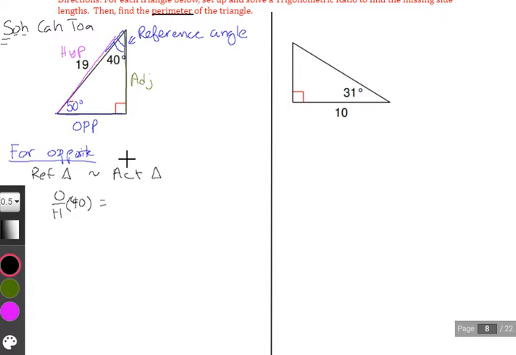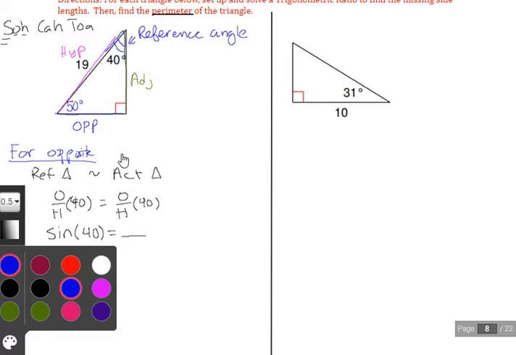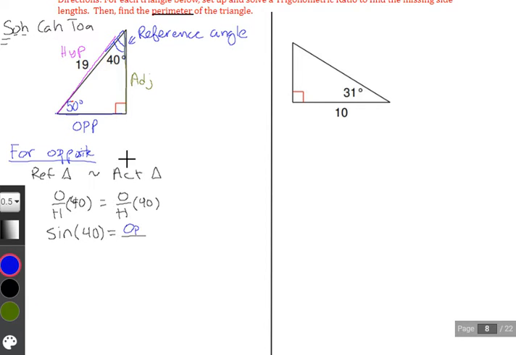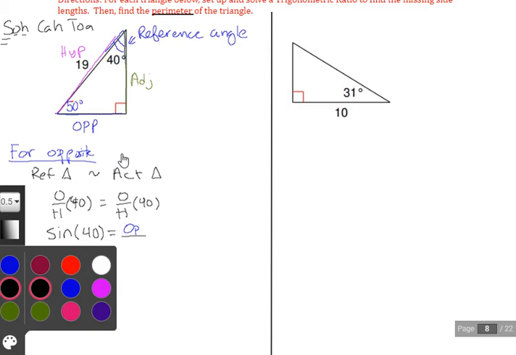and that's equal to the same ratio for the actual triangle using the same reference angle. In substitution, O over H is how we see the triangle. The calculator, to pull a value, needs to understand it as sine. Okay. The opposite side in this case is going to be unknown, so I'll keep it as OP. We're comparing to our hypotenuse, which in this case is 19.